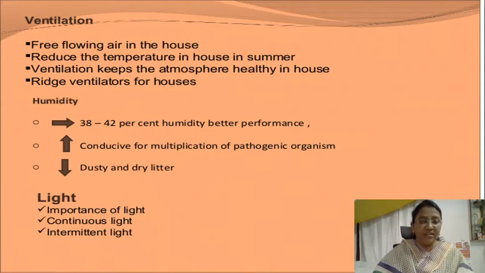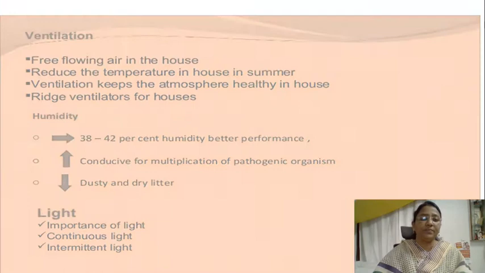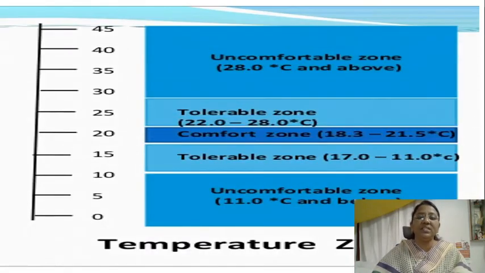Importance of light: continuous light, intermittent light. The birds have to be given lighting at different intervals. Growers, layers, broilers, all these require different temperatures, and at different temperatures these are grown. And also the lighting is essential for these birds.